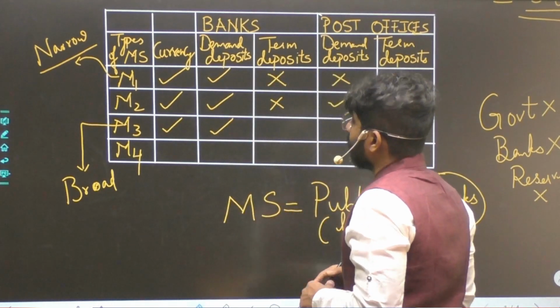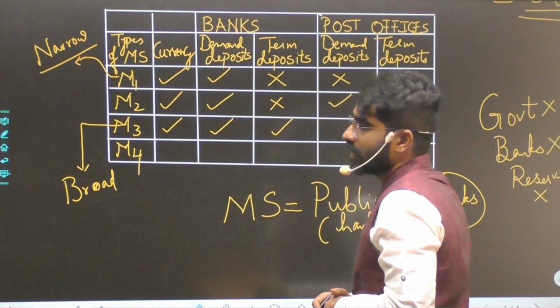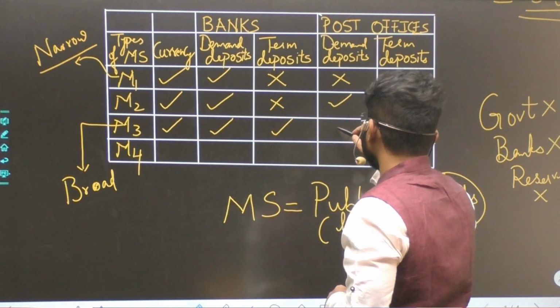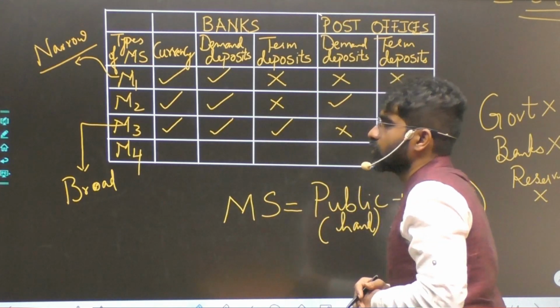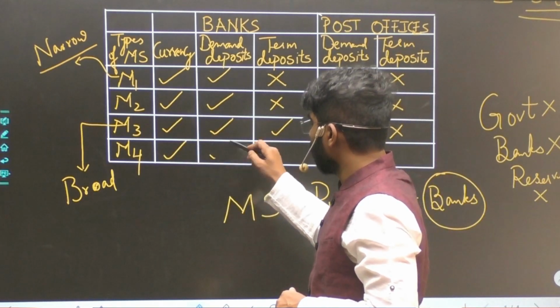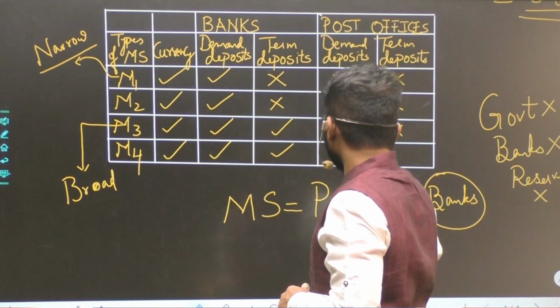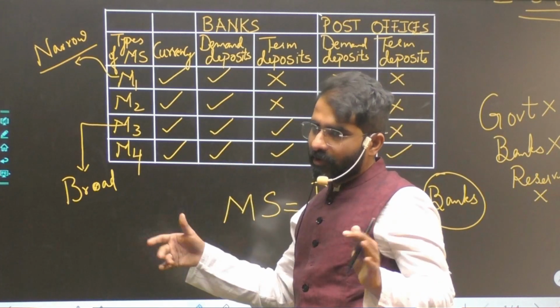It also includes the term deposits with the banking system. But it does not include the post office related deposits. M4 will include all the four.